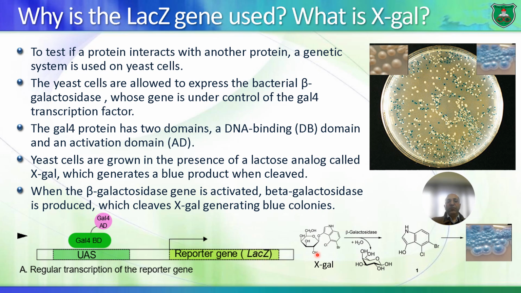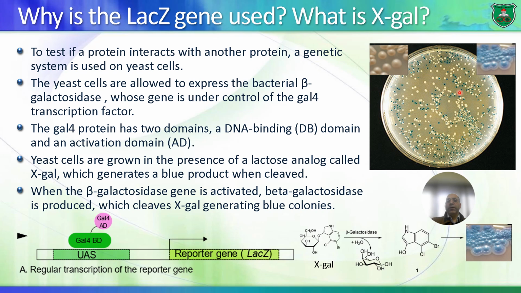If we add X-gal, these yeast cells can take up X-gal, they can cleave it, and they can produce this substrate that gives a blue color. Now remember that if we grow yeast on a plate, on a dish, each cell can form a colony. So right here we have different colonies.